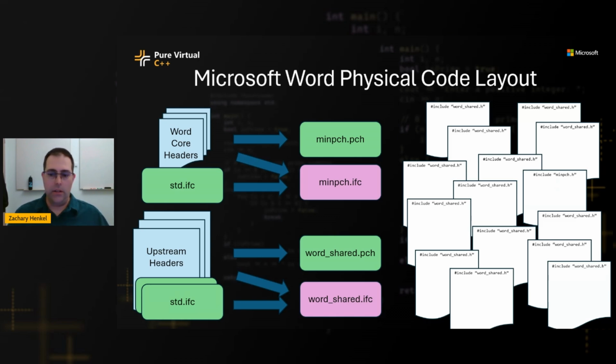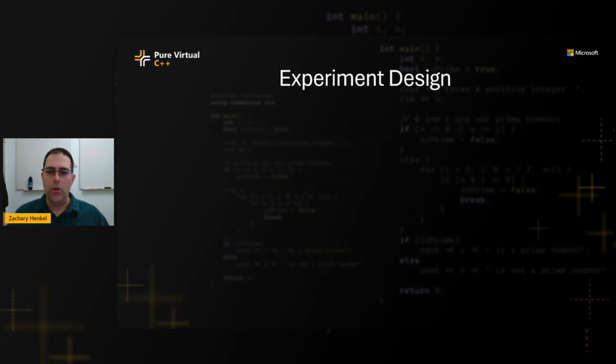The existing includes get converted to an import statement for the case of the standard library and the low-level ones via translate include, and that's it. And then also where you would normally have a pound include of MinPCH or Word shared.h, those will also be translated via translate include into an import statement.